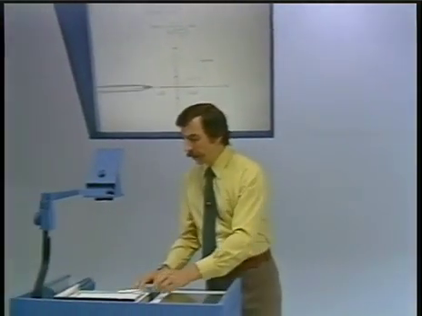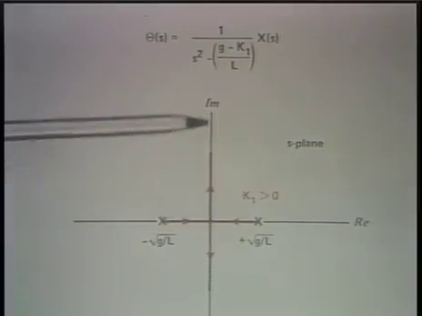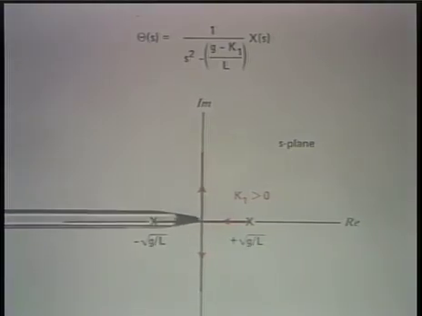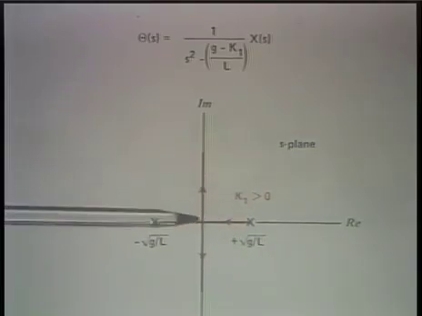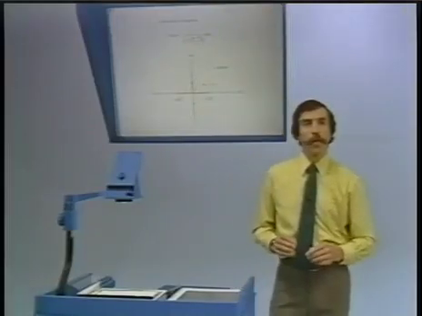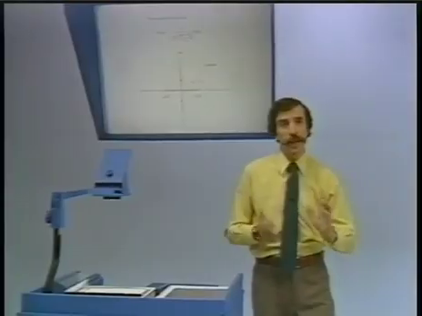Now notice that in this case, these poles with K1 positive have moved together. They move along the j omega axis, and before they come together, the system is clearly unstable. Even when they come together and split, the system is marginally stable because, in fact, the system would tend to oscillate.